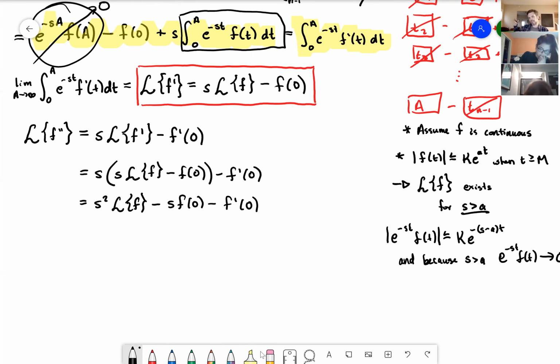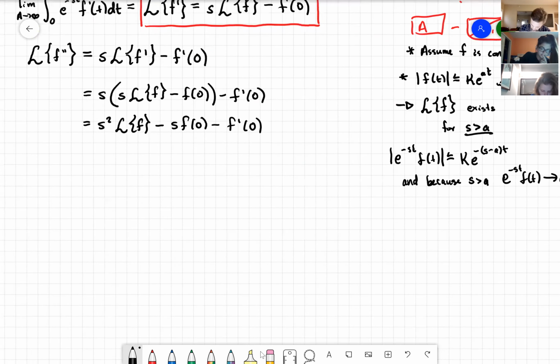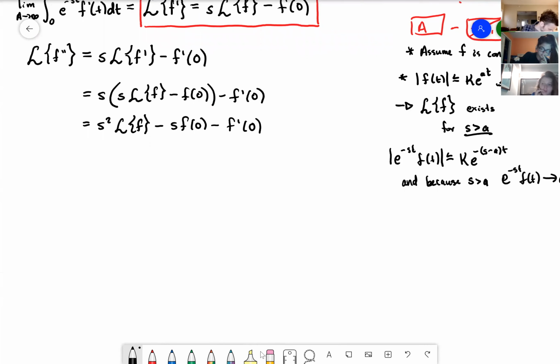And we can continue this process to get the Laplace transforms of higher derivatives as well. So instead of working through another example of that, we'll just collect together this idea in a theorem. The proof will be just apply it as many times as you need to.